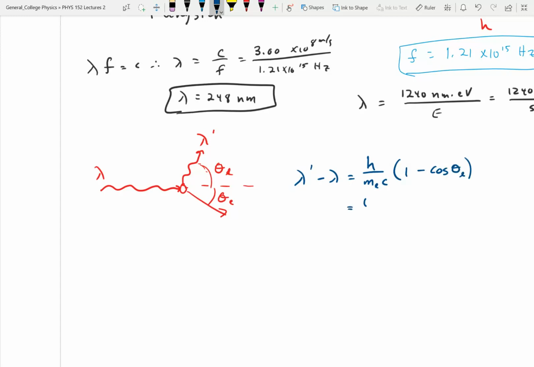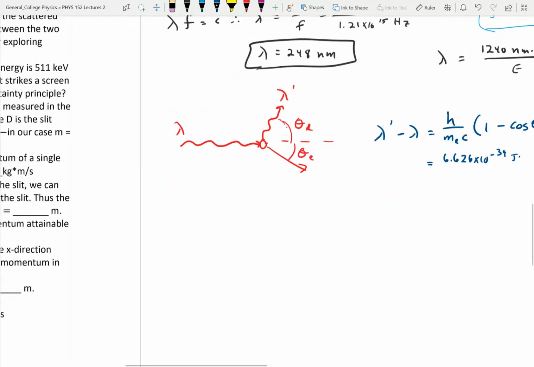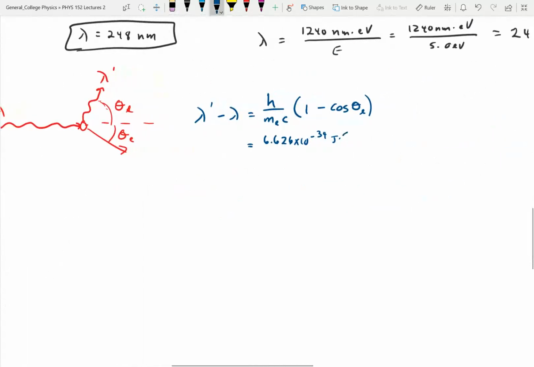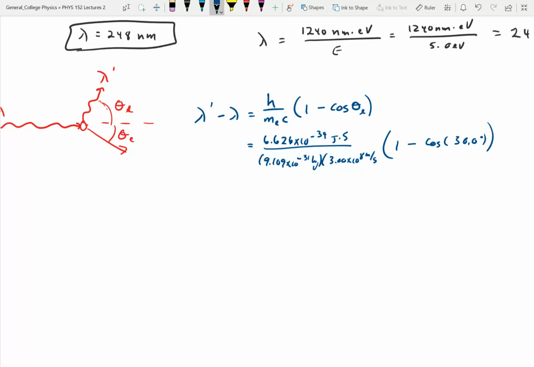So in this case, I just put my 6.626 times 10 to the minus 34 joules times seconds, divided by the mass of electron, 9.109 times 10 to the minus 31 kilograms, speed of light, 3.00 times 10 to the 8th meters per second, multiplied by 1 minus cosine of my angle, which was 30 degrees. That was my scattering angle.